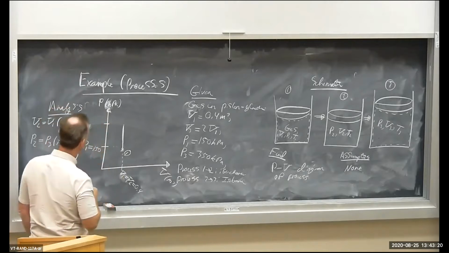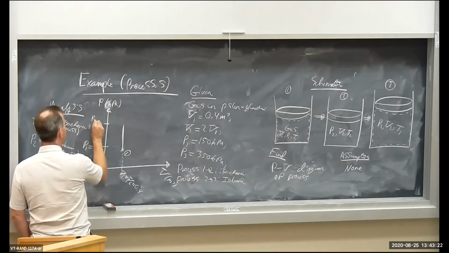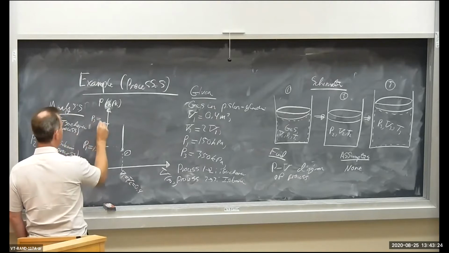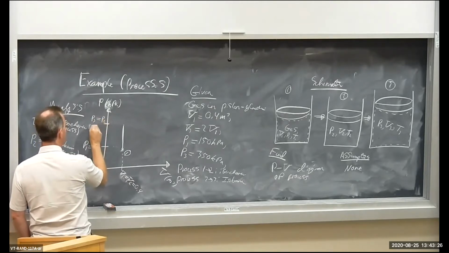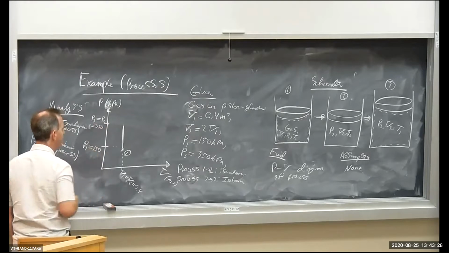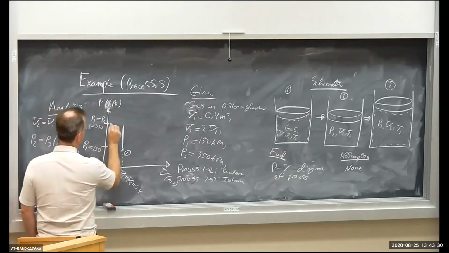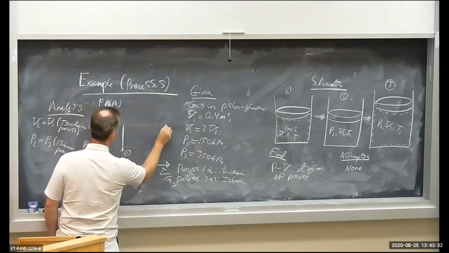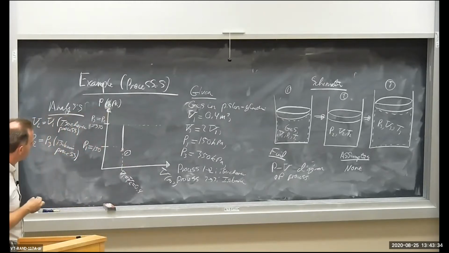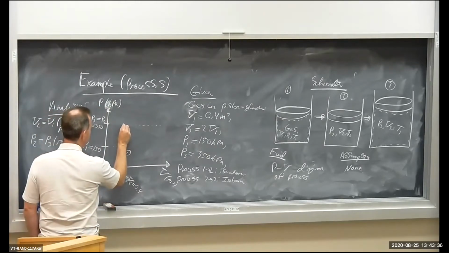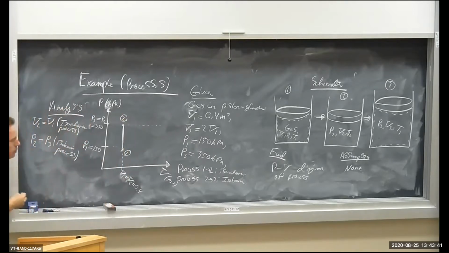P3 is 350 kPa. So P3 is actually equal to P2, which is equal to 350 kPa. So here's 350. So state 2 must be right here at pressure P2, which is equal to P3.